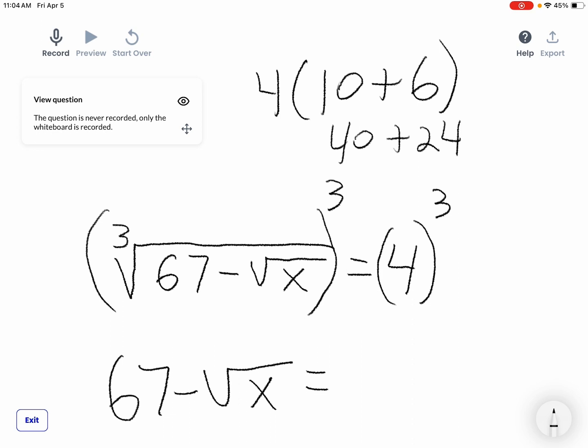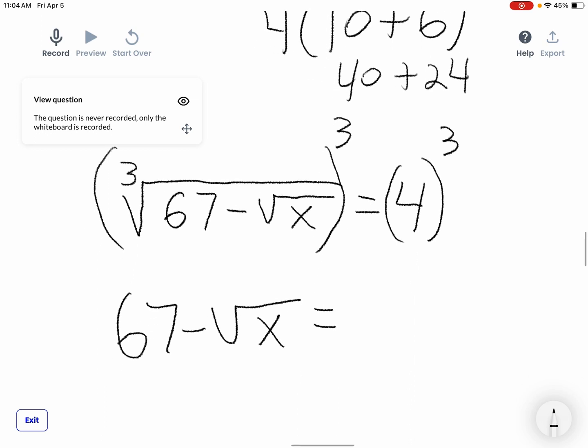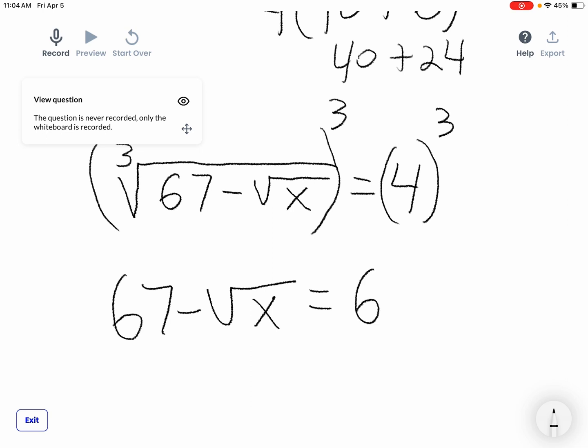So you might have known what 16 times 4 was, or you could think of it like that and get 64. So 4 times 4 is 16, times 4 is 64. So we get 67 minus the square root of x is equal to 64.